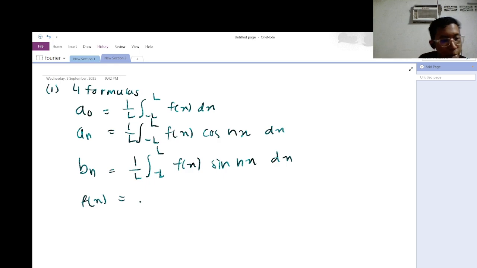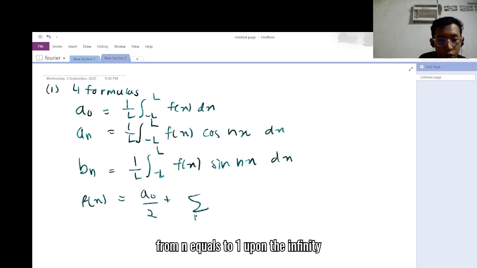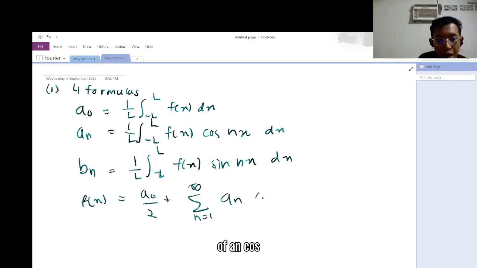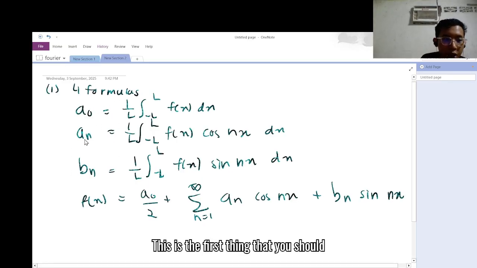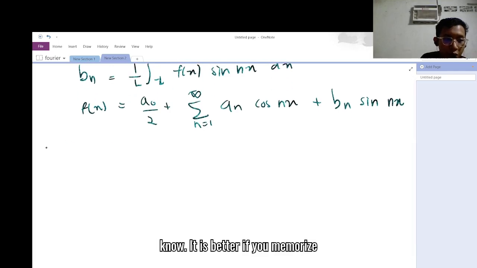It will be A naught over 2 plus summation from n equals 1 up until infinity of an cos nx plus bn sine nx. This is the first thing that you should know. Better if you memorize them.